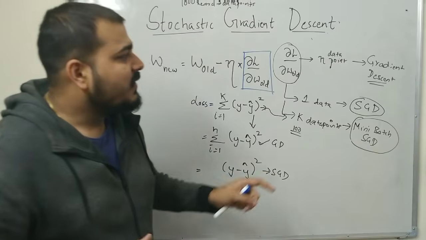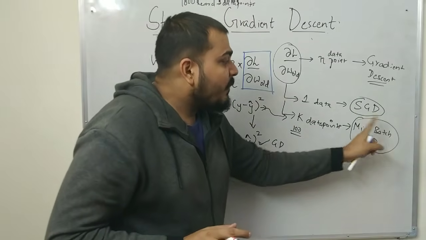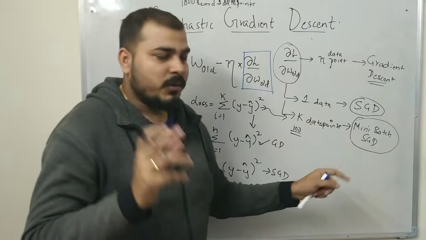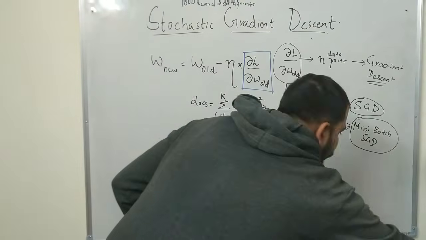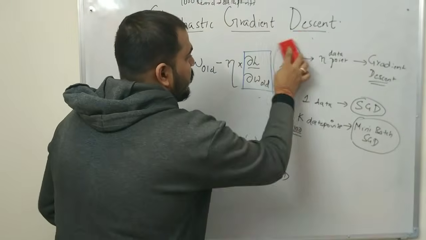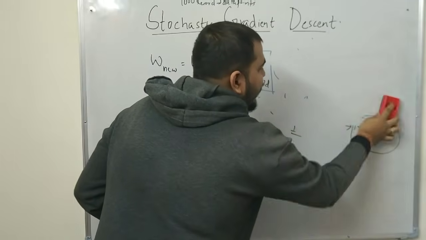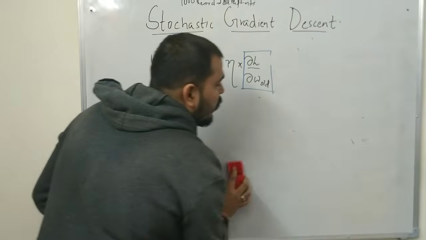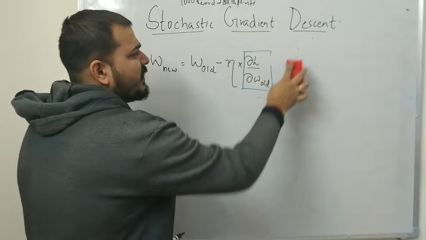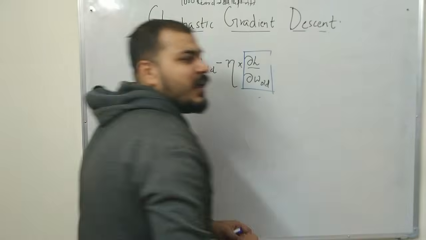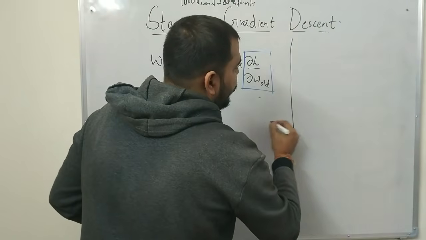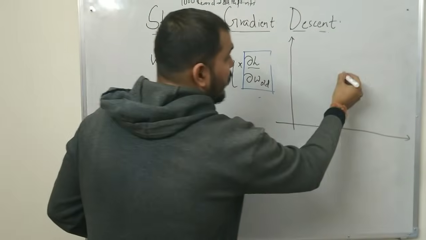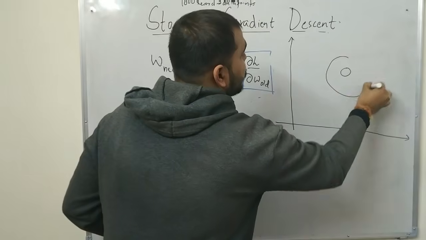Now, let us try to understand, if I am considering mini batch SGD, what are the small problems that we may face? Okay, so I'm just going to rub this. I'm going to draw a very simple 2D diagram regarding the global minima points, which is available on Wikipedia, because I'm also drawing this diagram from Wikipedia. So suppose I draw some circles like this.